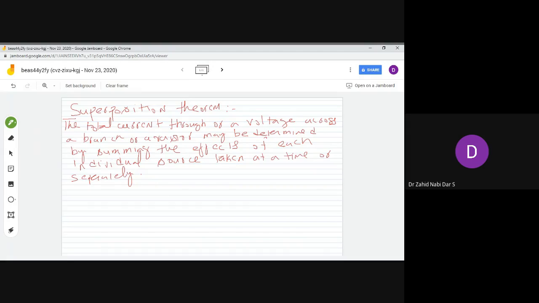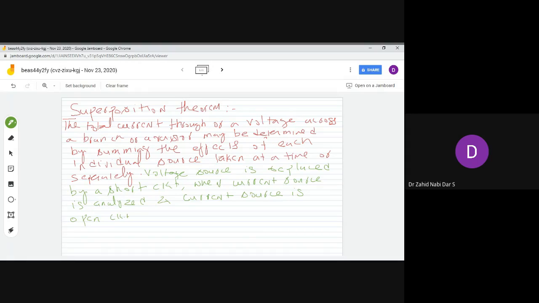So taking separately means the voltage source is replaced by a short circuit when the current source is analyzed, and the current source is open circuited when the voltage source is analyzed.